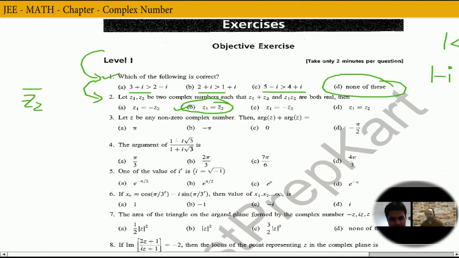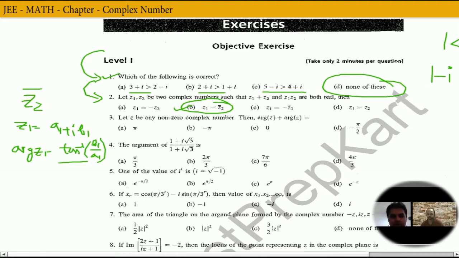Okay, I will just tell you one more thing. If we consider z1 equals a1 plus i b1, right? So arg z1 is basically tan inverse b1 over a1. So now can you try?